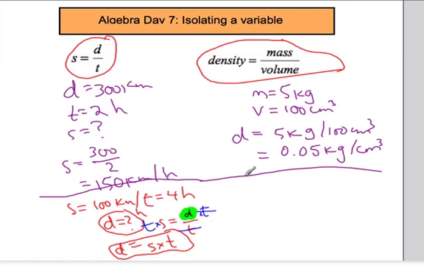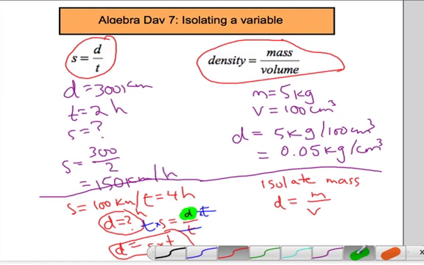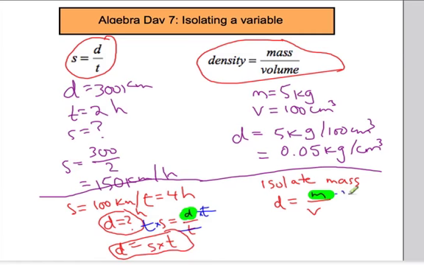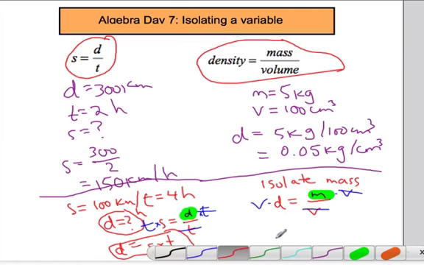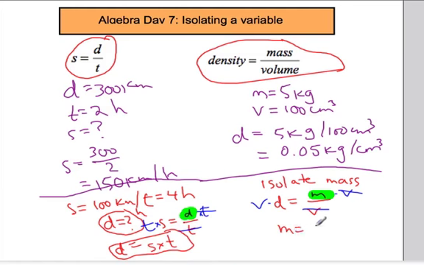So here, let's take a look at this one, and let's say that the question said, isolate mass. Right now you have d is equal to m over v, and they're asking you to isolate mass. Same algebra rules, and your mass is always going to be volume times your density.